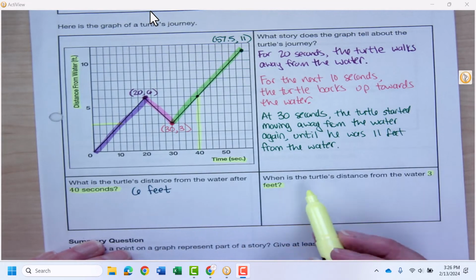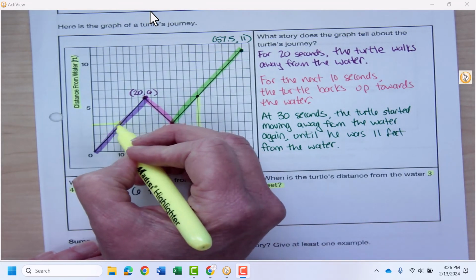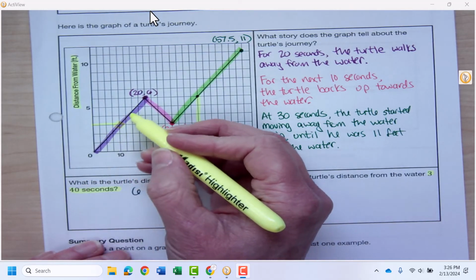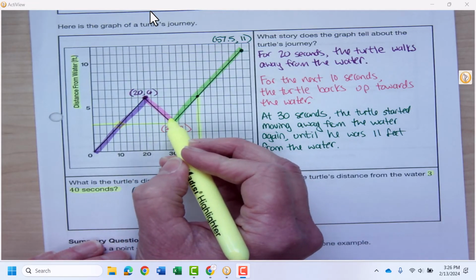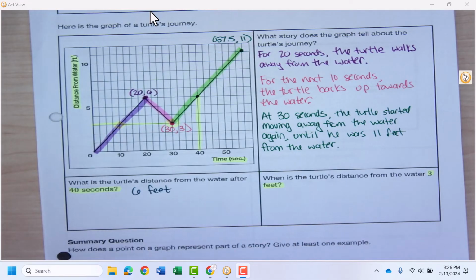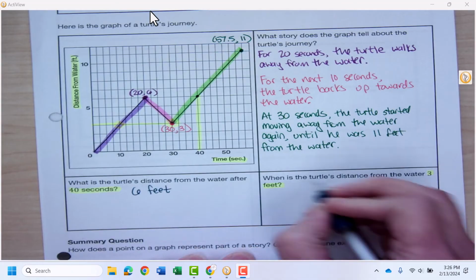It looks like there's 2 different times when that turtle is 3 feet from the water. Once when he's moving away from the water, and then he comes back to that 3 feet when he's backing up. So there's actually 2 different times that it happens.